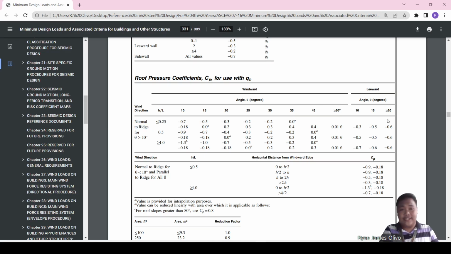Then leeward roof is much easier. So if the value is not here, do interpolation. Luckily for angles greater than 20 degrees, it's negative 0.6. So if you don't want to have interpolation here, just give your roof greater than 20 degrees.